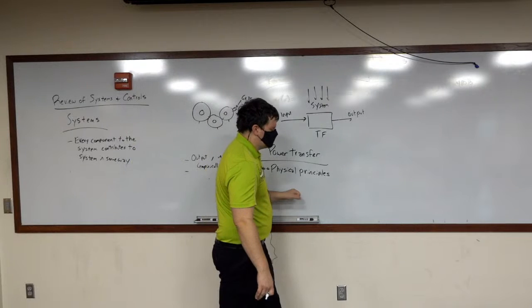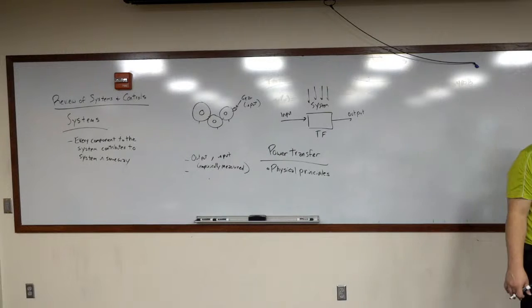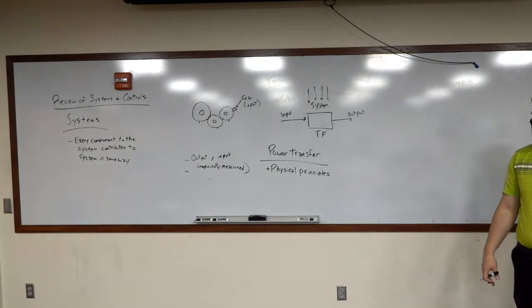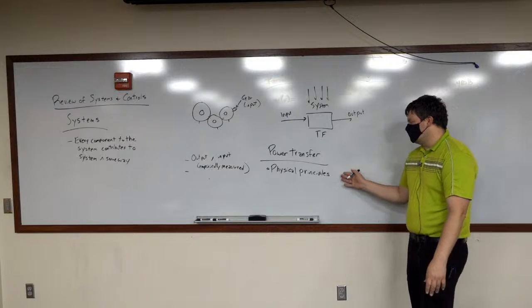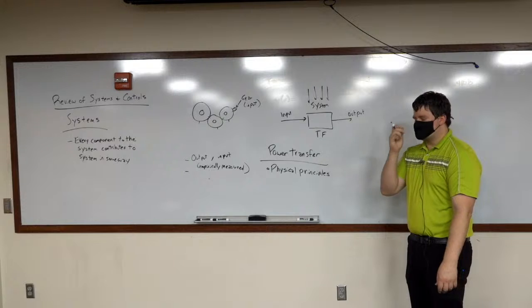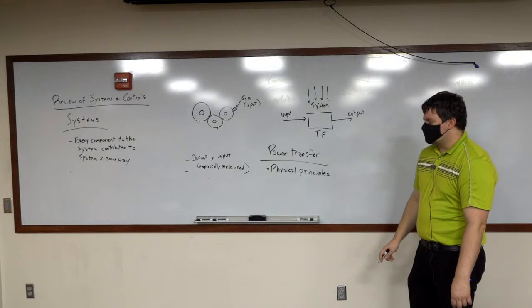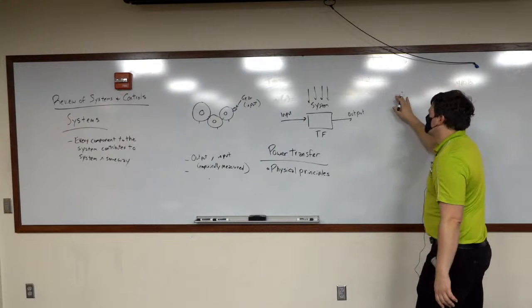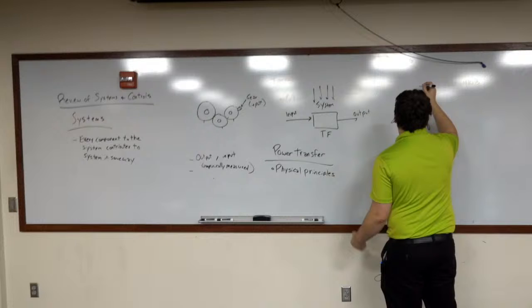That's really helpful, but if you have to do this absolutely every time you try to develop a systems and controls analysis of a system, it can get a little tedious. It's nice to know it beforehand, but in reality, having a very strong understanding of physics is important.